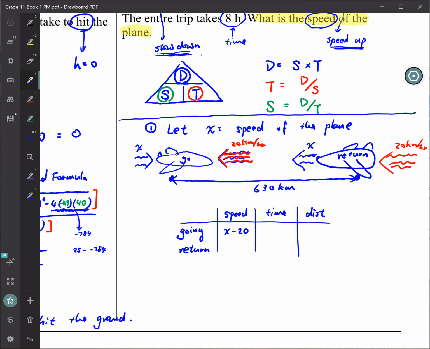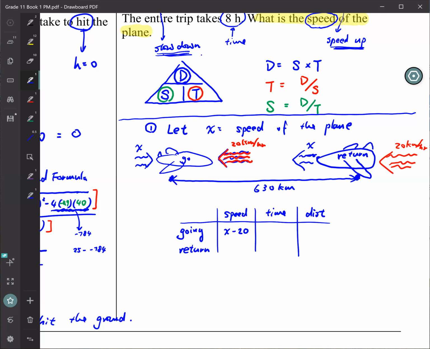Okay, Evan, keep your mic on, please. All right. So suppose you are going at 100, but the wind is blowing at 20, so you'll become going at what? 80. Right? Now let's say you turn around, and you are flying with the wind. How fast will you be going? 120.